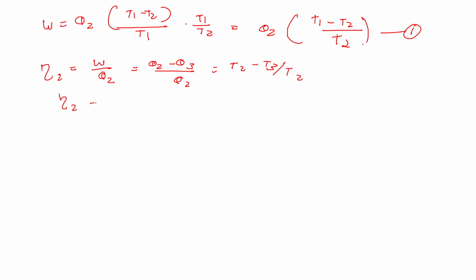Now eta 2 will be W divided by (Q3 plus W). Similar process to what we did in the earlier case. It will be W is equal to Q2 minus Q3.